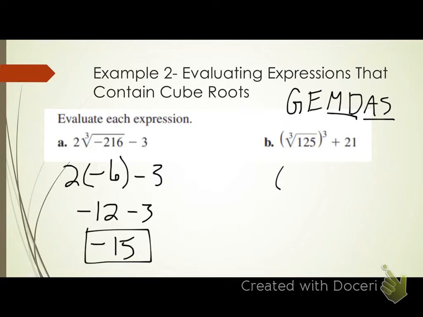Very good. So this is saying whatever number I get for the cube root of 125, it wants me to cube it. So I'm going to leave that 5 in the parentheses, raised to the third power. Do I have any more operations going on inside my grouping symbols? No. So I'm done with G.